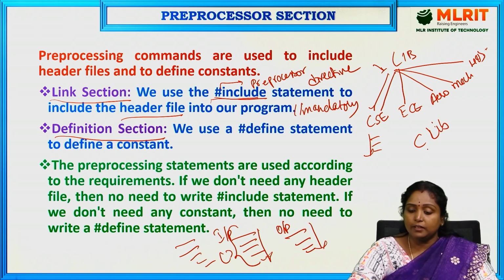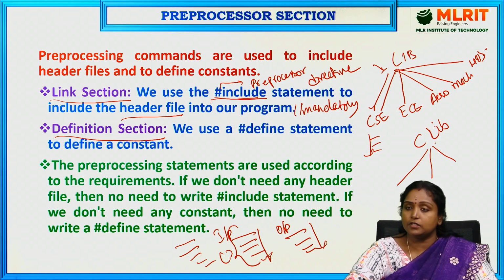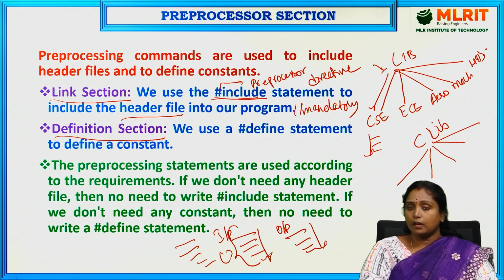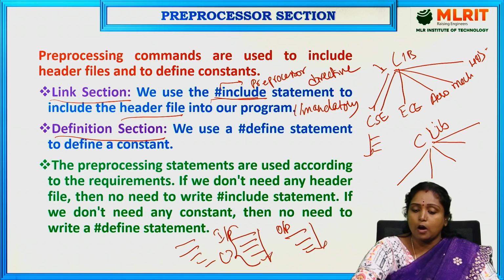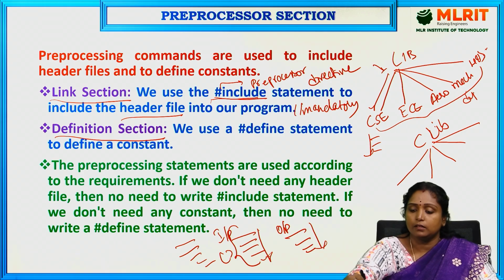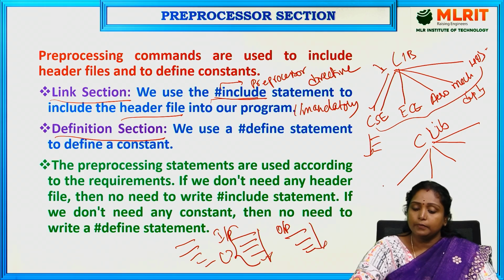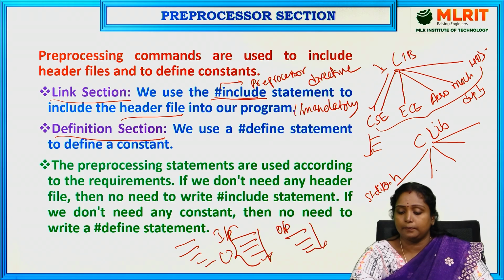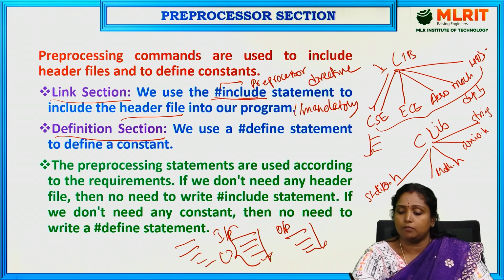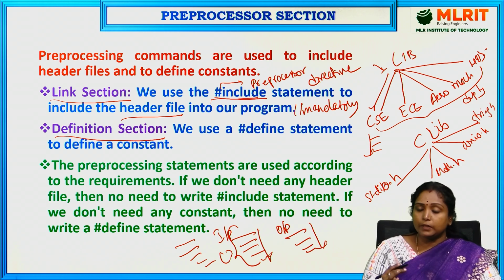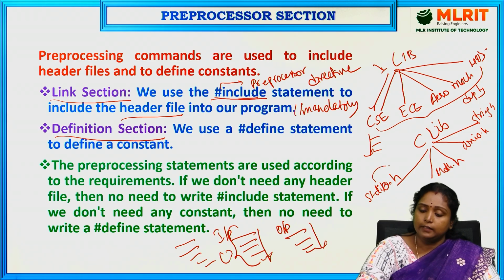In the C library, we will have different sections. We will call them, like the departments, header files. So how the departments are there, similarly here we will have header files.